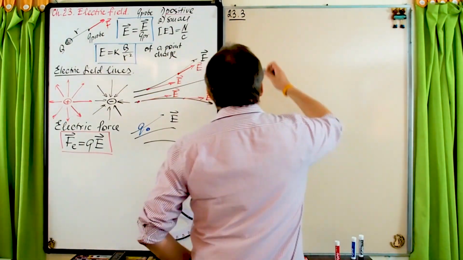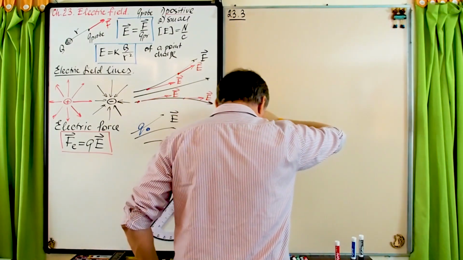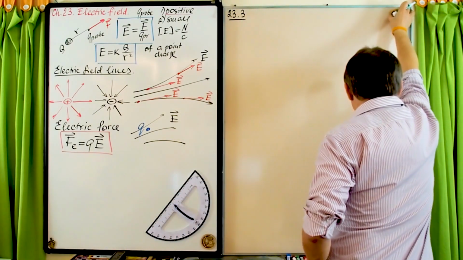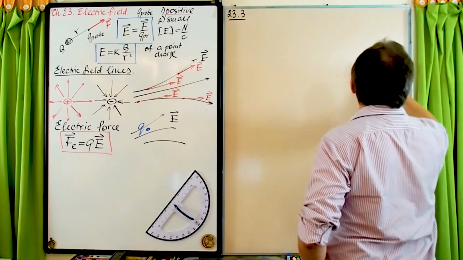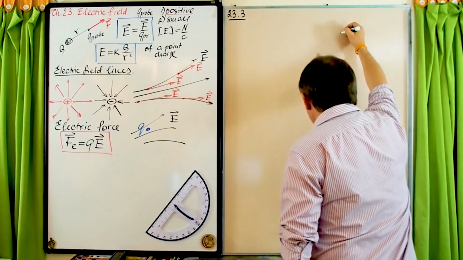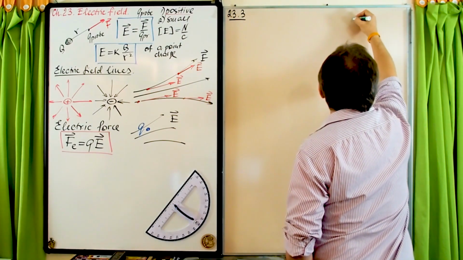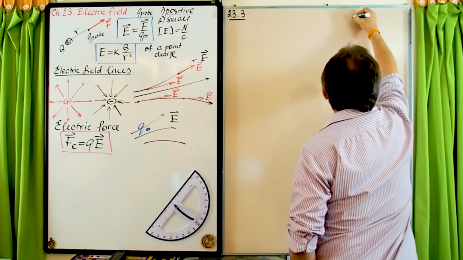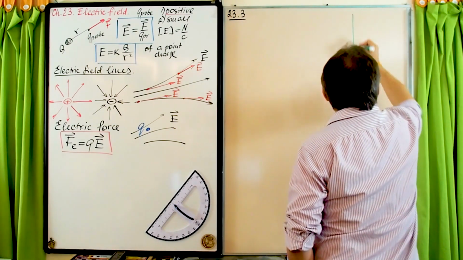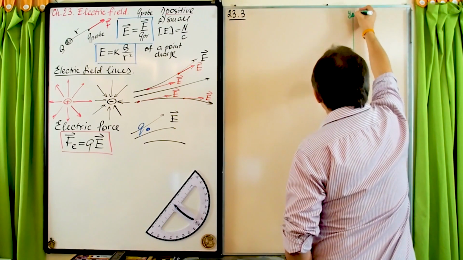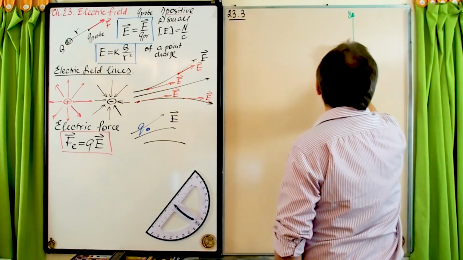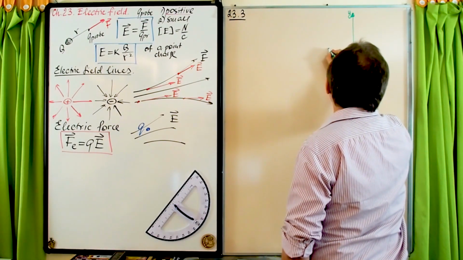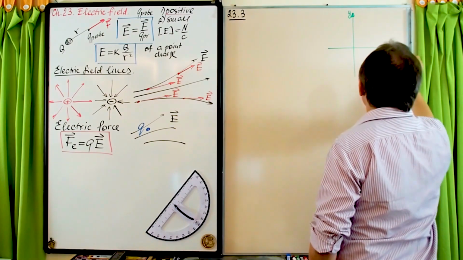And I will start with the coordinate system. I will draw it here. I'm just trying to estimate the amount of space I might need. So let's say this is my y-axis. This is my x-axis.